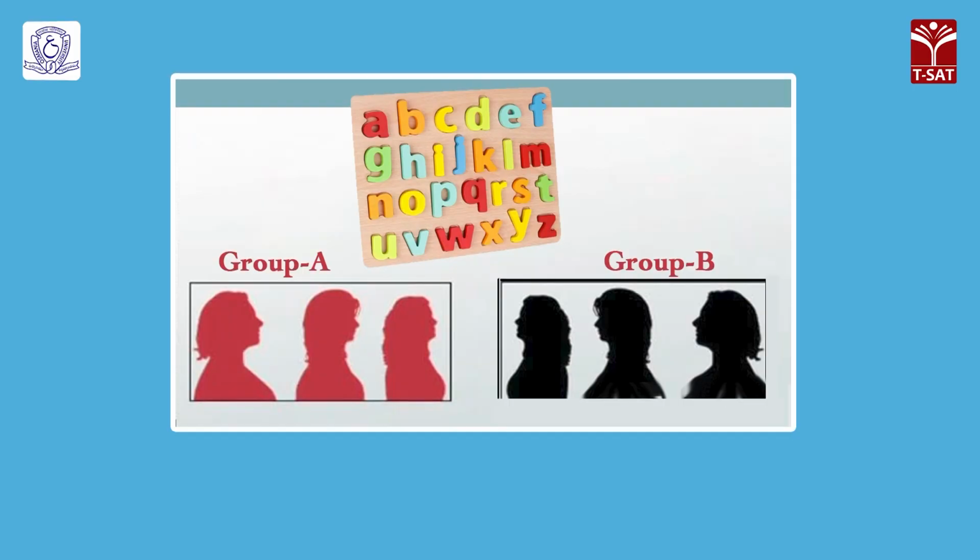For example, if we were to study the effect of two methods of teaching alphabets to groups of adult learners, we are likely to select two groups which are identical in every respect except in the way they are taught alphabets. But it is impossible to have two groups that are identical in every respect.